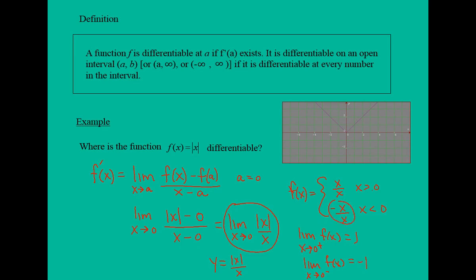So this limit does not exist. Well, what did we just show? We just showed that since that limit does not exist, f prime of x does not exist at 0. So it is not differentiable at x equals 0.